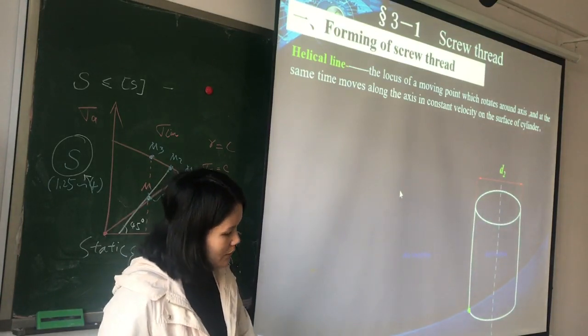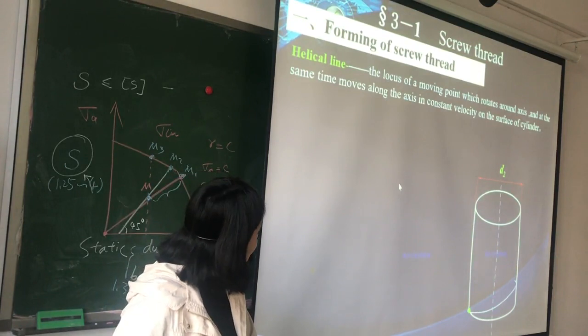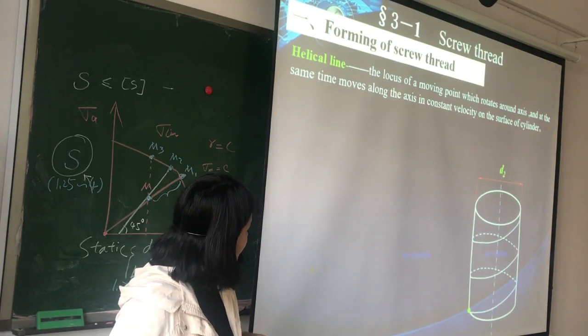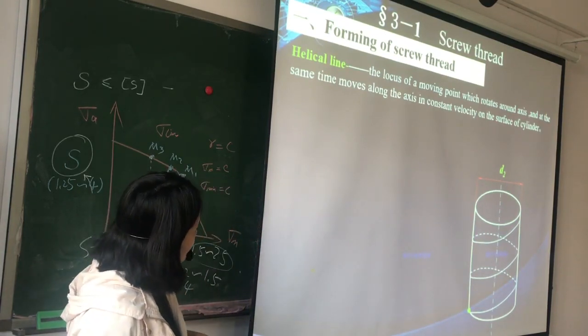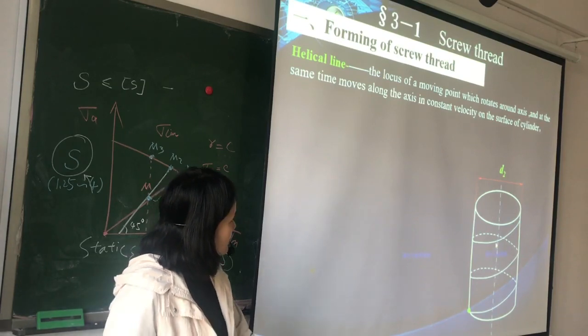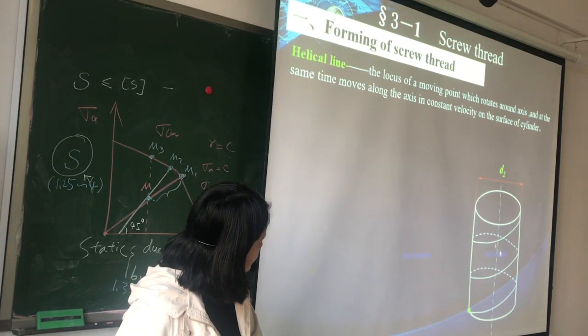For a cylindrical helix, it is the locus of a moving point which rotates around the axis and at the same time moves along the axis at constant velocity on the surface of the cylinder.